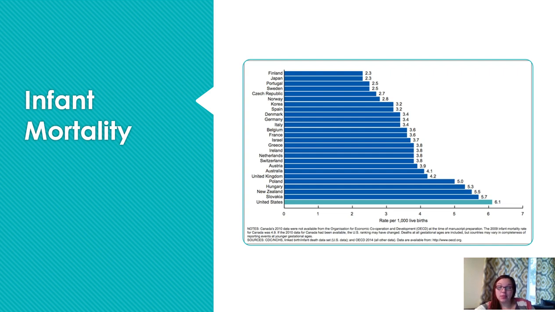And the current data is not much different than this. We have the highest rate of infant mortality per 1,000 live births, especially compared to places like Finland and Sweden. Granted, when you consider population and all those other factors, yeah, that plays into it, but this is still pretty stark.